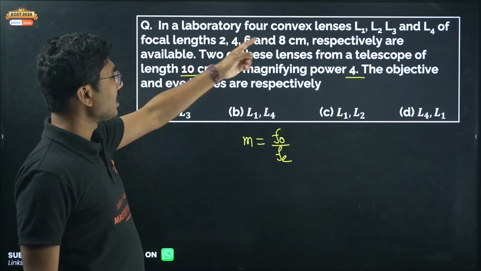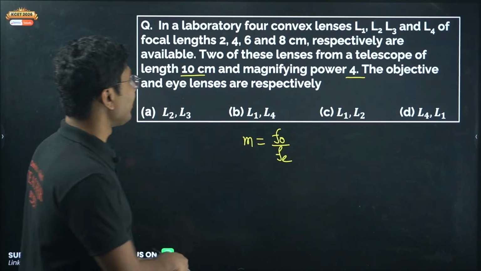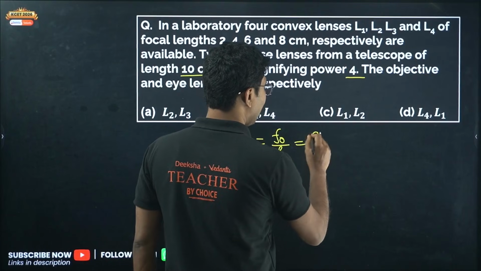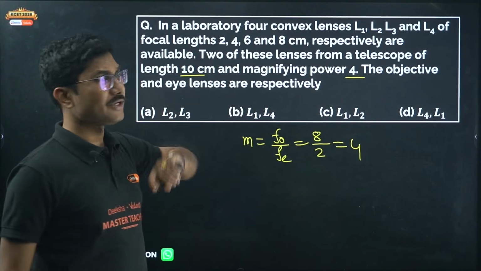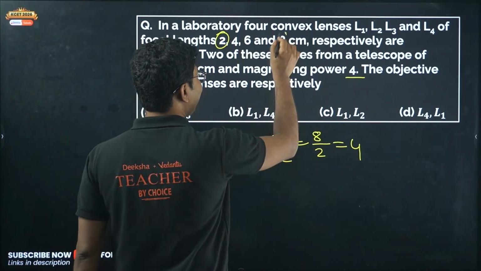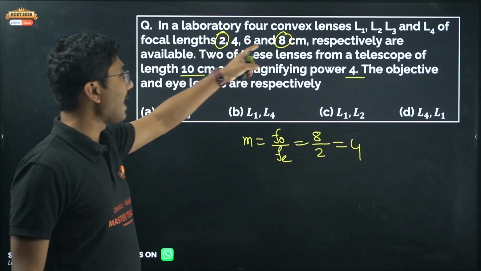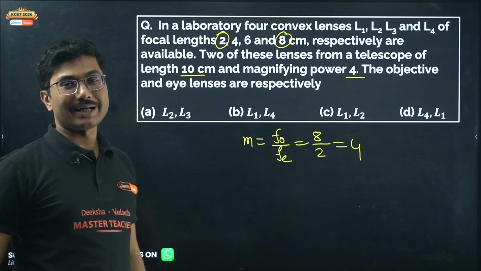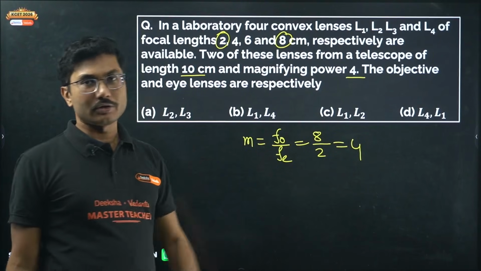Only one combination can give you that magnification, when you put FO as 8 and FE as 2. Any other combination will not give you this magnification. So only 2 and 8, and if you add these two, 2 plus 8, you are getting 10. So the length is 10 and the magnification condition is also satisfied.